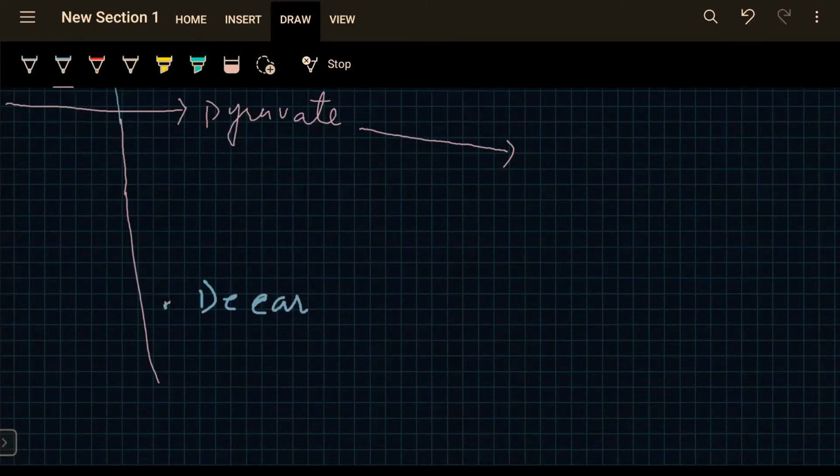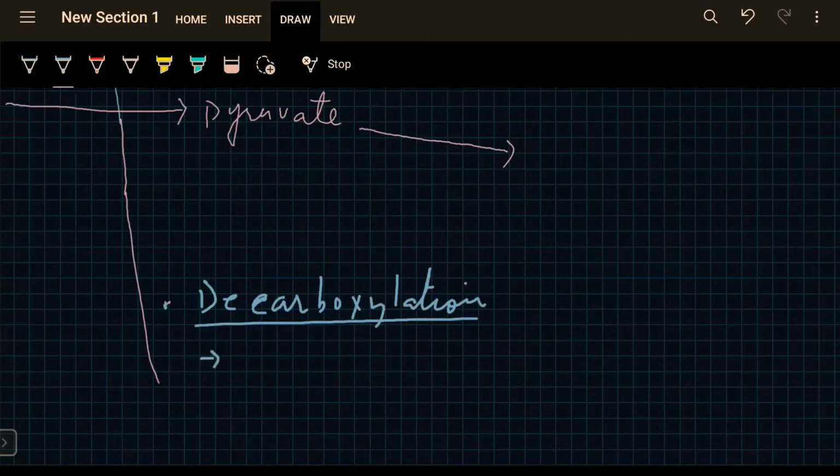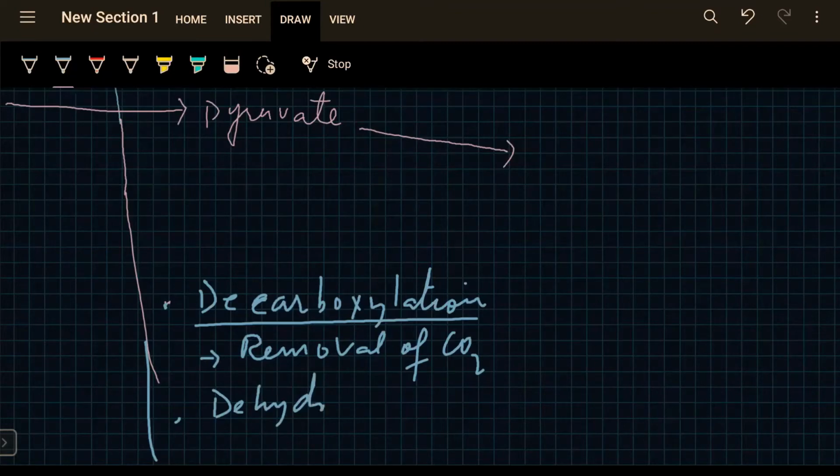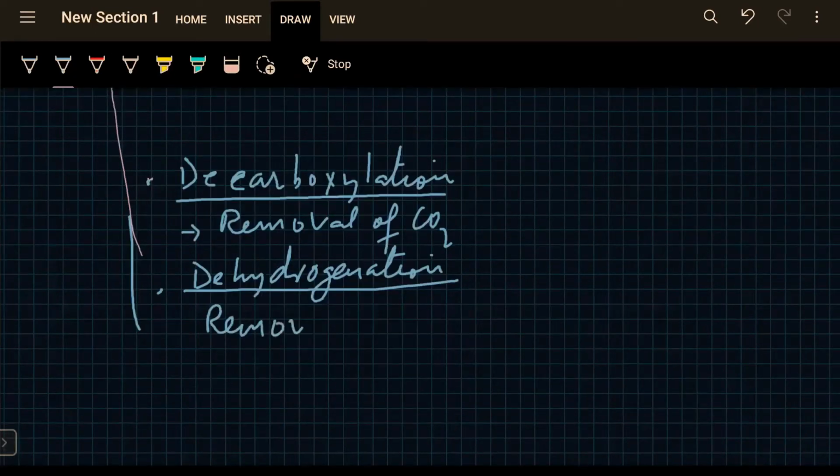Decarboxylation means removal of carbon dioxide, and dehydrogenation means removal of hydrogen.